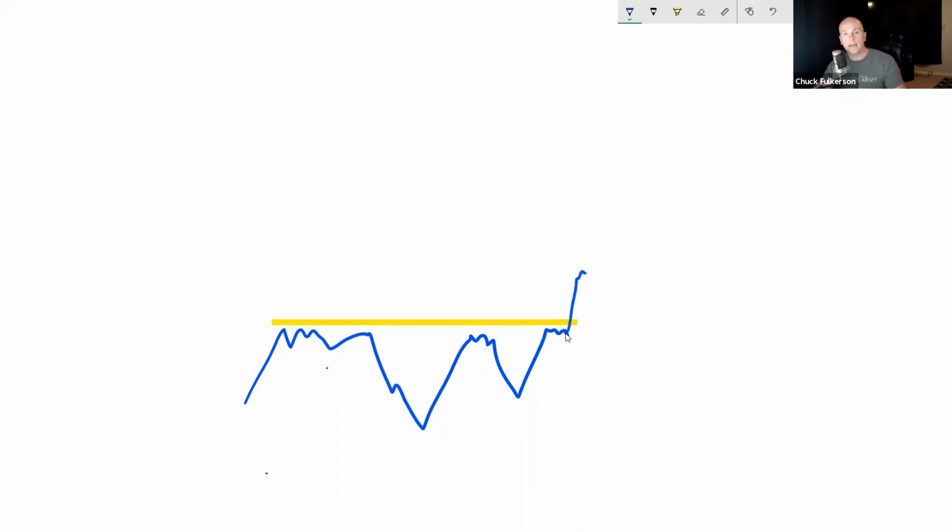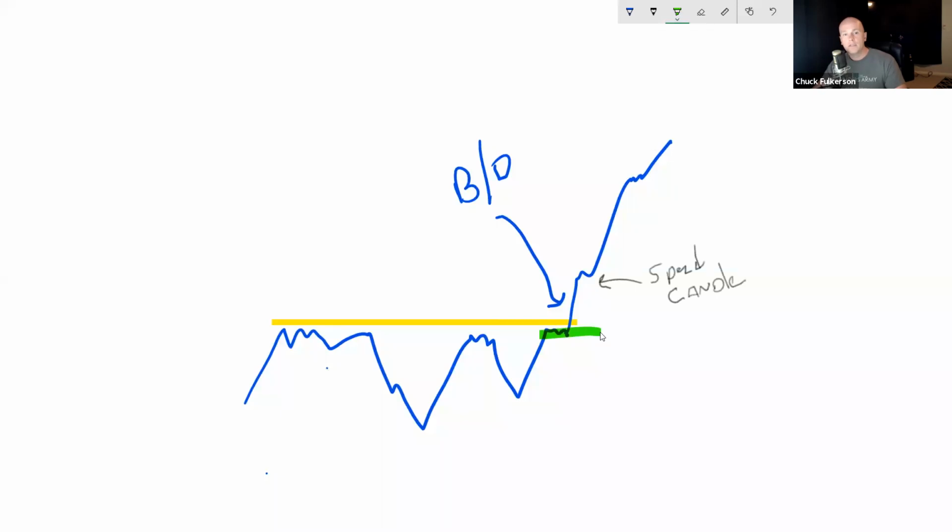So one of the things that I like to do is look at a breakout trade as an opportunity. Now, if I miss the breakout, we typically will look at this area, and oftentimes when it breaks out, we have what's called a speed candle. And if we miss the breakout and it results in a speed candle, we then oftentimes get an opportunity to go long on the return, right?